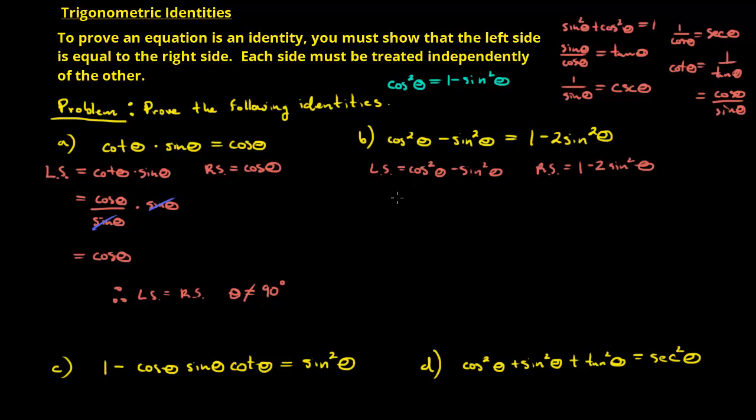My left side is now equal to 1 minus sine squared theta, where I've replaced cos squared theta, minus sine squared theta. Now I have 1 minus sine squared theta minus another sine squared theta, and that's equal to 1 minus 2 sine squared theta, which means I've shown that the left side is equal to the right side. Therefore, the left side is equal to the right side.